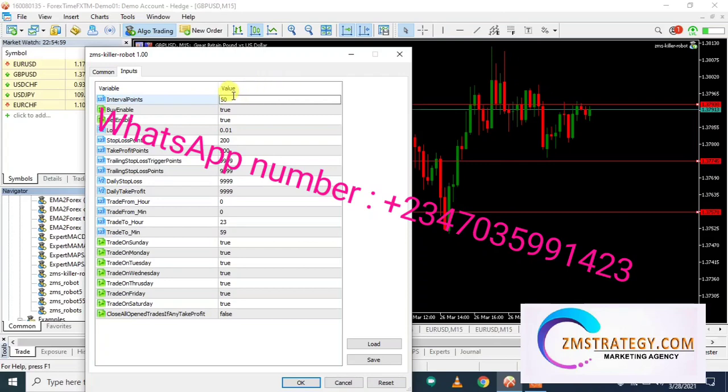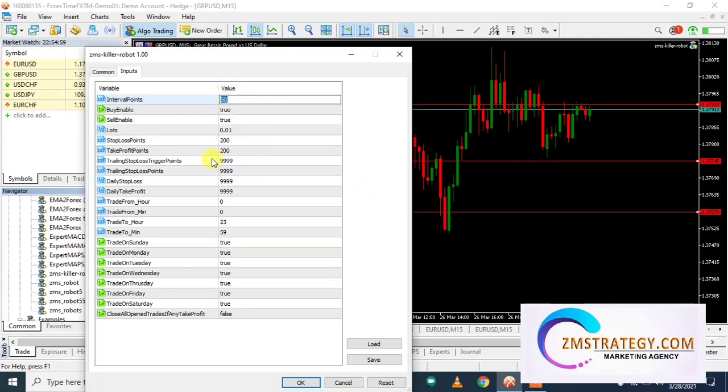The reason is that before the first trade hits the take profit of 200 points, the robot will have taken 4 trades, because 200 divided by 50 gives us 4. I hope you guys understand what I just explained here. So that is the essence of this.